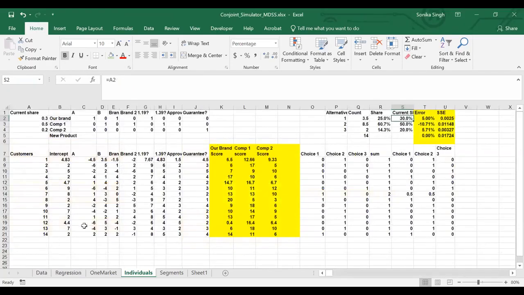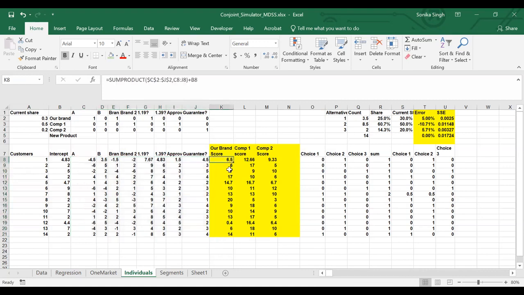Now, let's say you have data on 14 consumers, and for all the 14 consumers you did a regression 14 times, and you got their part worths for all of these attributes and their levels. Those part worths are listed over here.